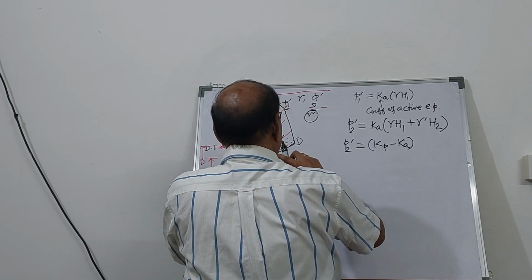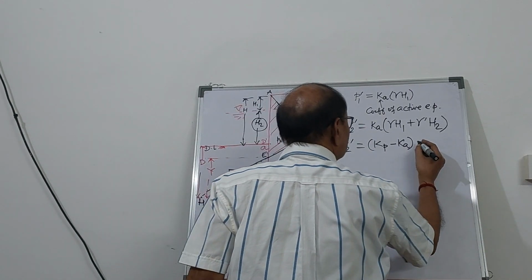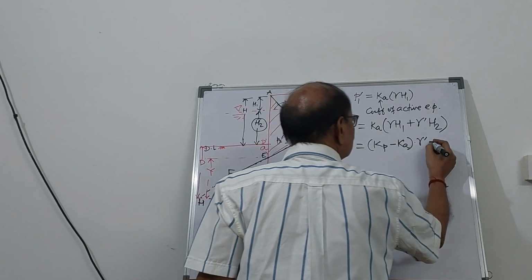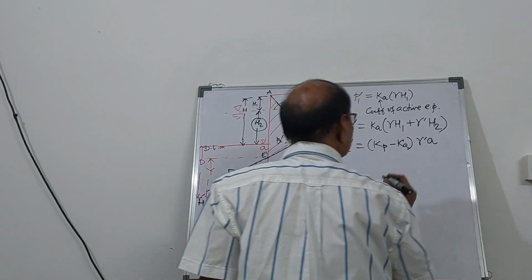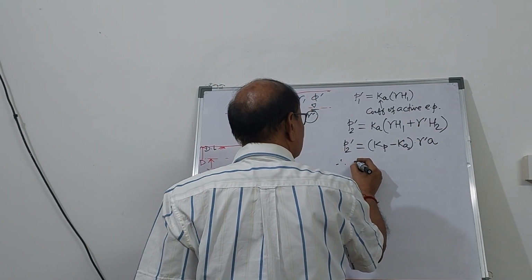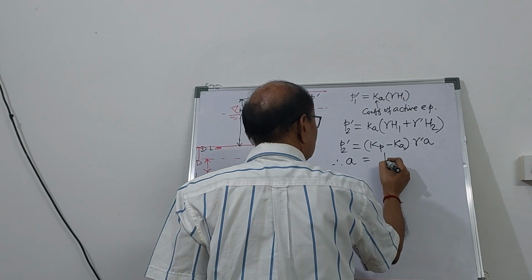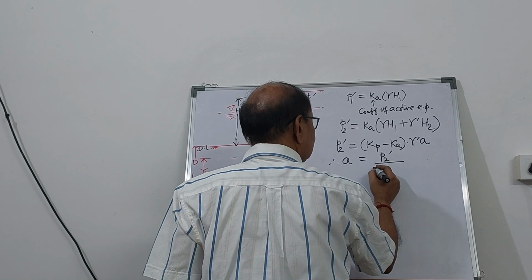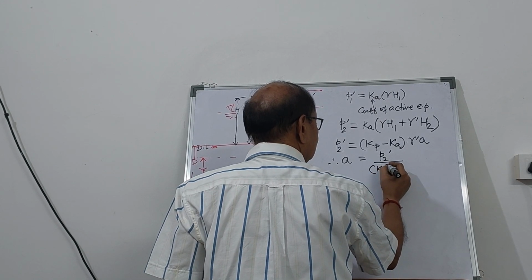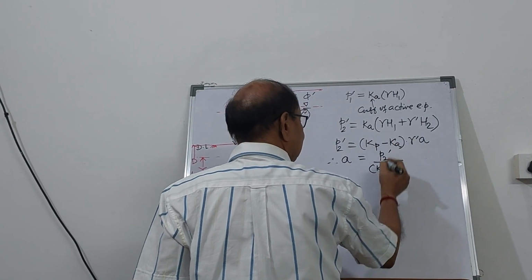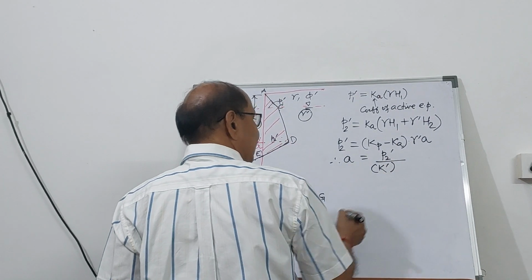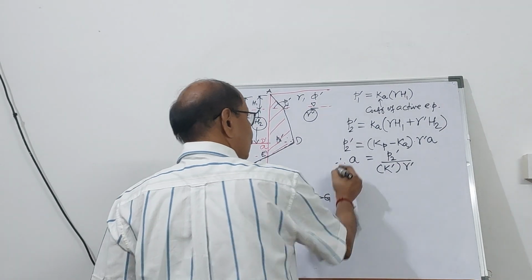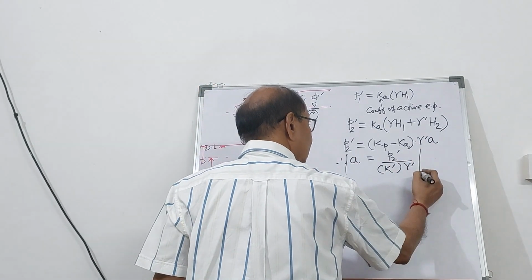Kp minus K into gamma prime into A. Therefore, A equals P2 prime divided by K prime, where Kp minus K is called K prime, into gamma prime.